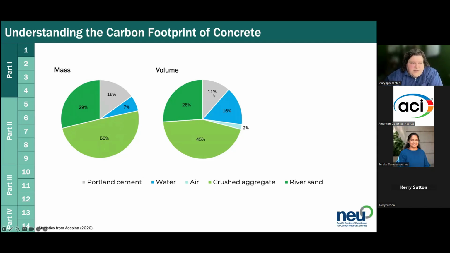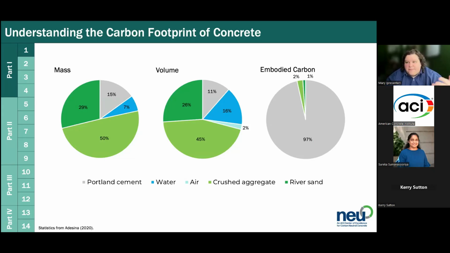Well, it turns out that even though the cement takes up a small amount of material within the whole of concrete, look how much embodied carbon from the whole mixture comes just from Portland cement. So this is a way to look at it and say, where should we put our efforts? Well, probably we should put our efforts toward that Portland cement, which is carbon dense, as you could say.